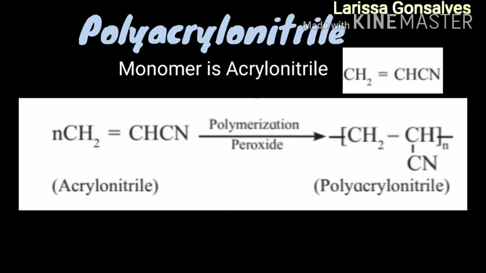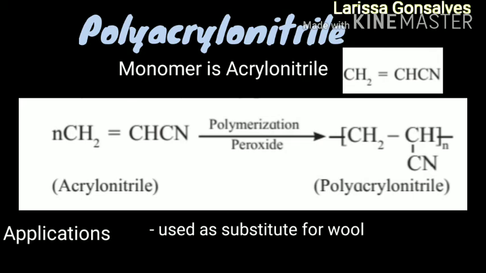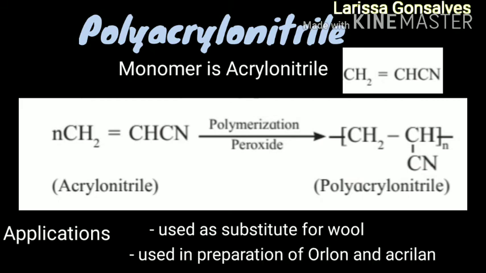Polyacrylonitrile resembles wool. That is why sometimes it is used as a substitute for wool. It is also used for making Orlon and acrylan. Orlon and acrylan are synthetic acrylic fibers which are used in textiles.